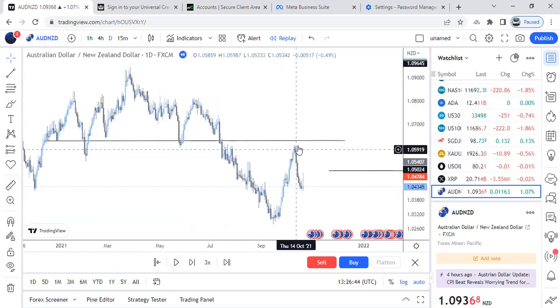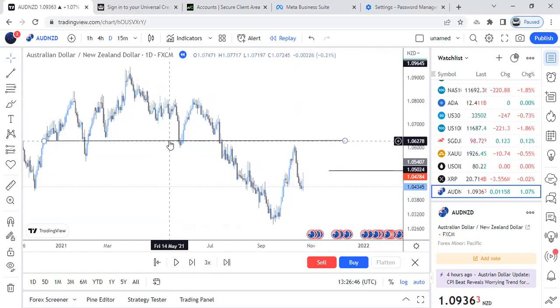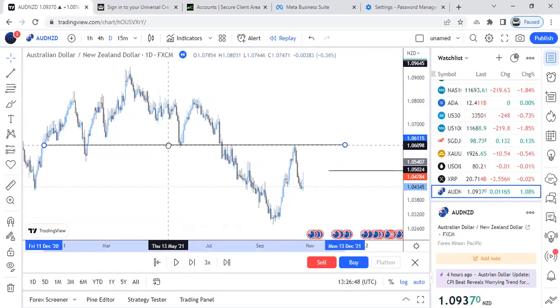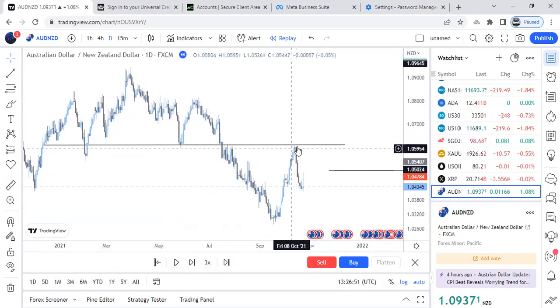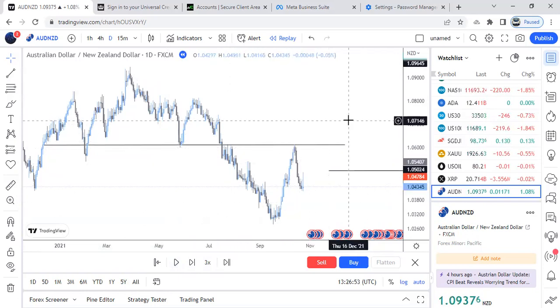Market came here, showed some resistance out here, showed some resistance down here, this area, and came back down. So it's looking like a resistance now, because the price is below the line, if you know what I mean.